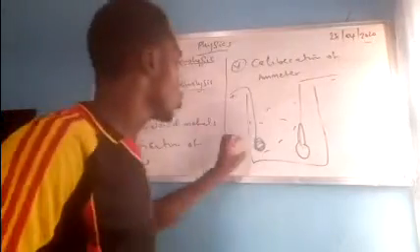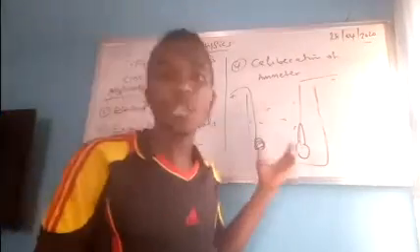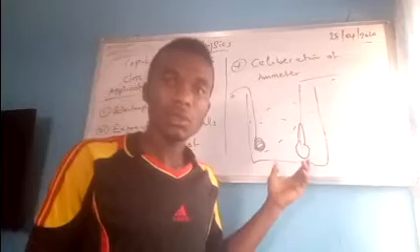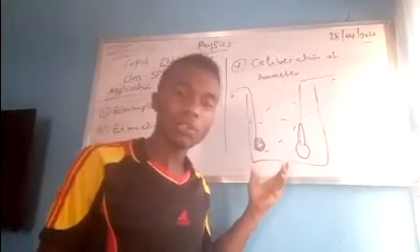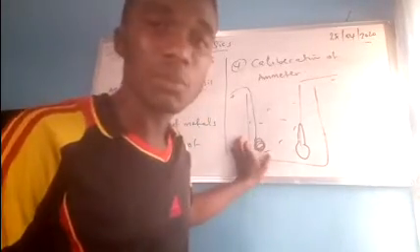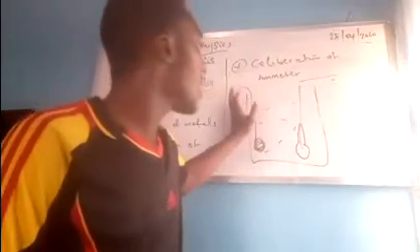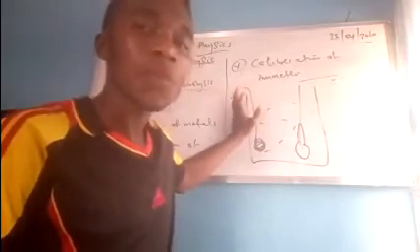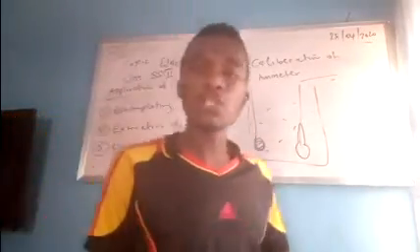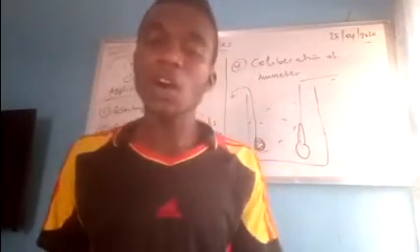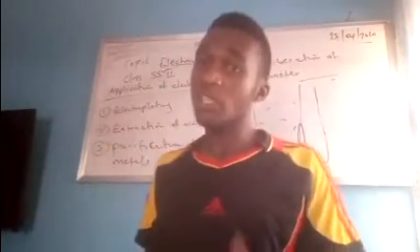How do you extract it? You put the molten sodium chloride in the electrolysis cell, and as the electricity is switched on, it pushes the chloride to the positive terminal and the sodium to the negative terminal. That is how we use electrolysis to extract metal.